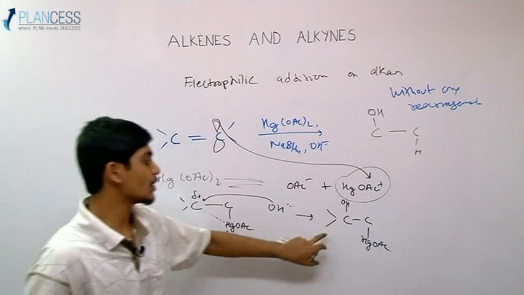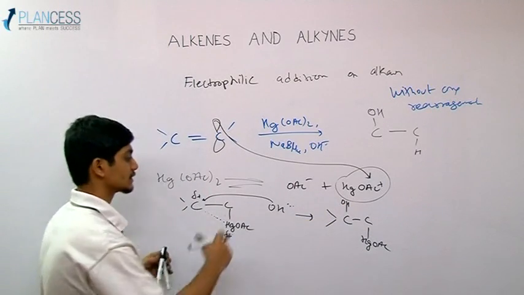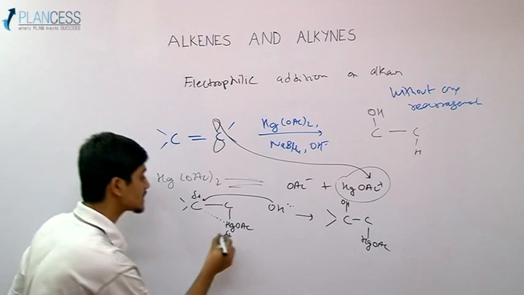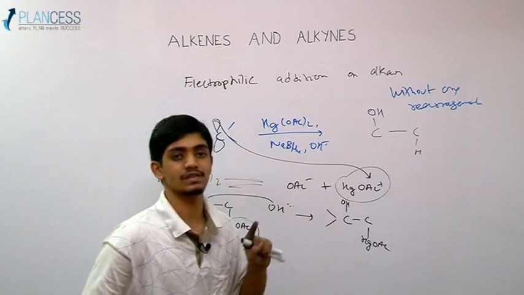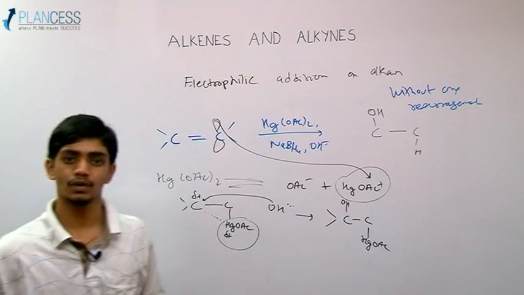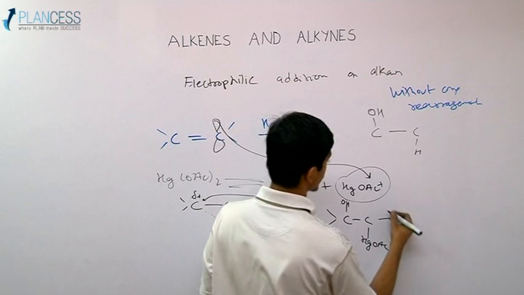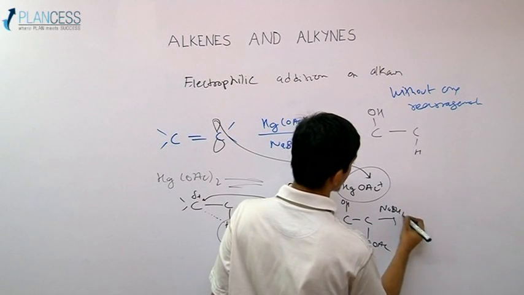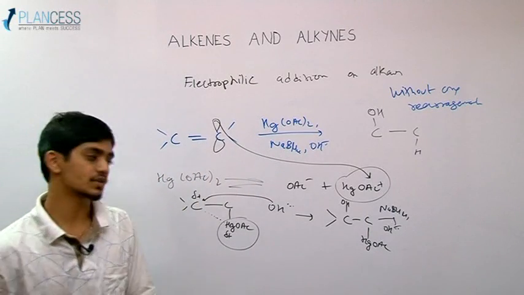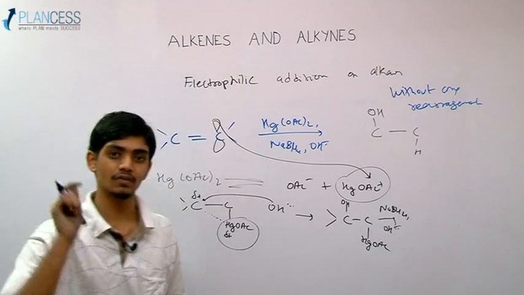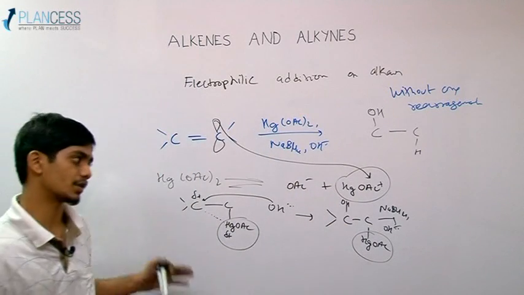That's it. Now you can observe that although there is a specific stereochemistry over here, that is the OH is attacking on the side anti to HgOAc, but the point is, after this oxymercuration step, in the demercuration step, when we react with NaBH4 and OH minus, the whole stereochemistry is scrambled because of the production of radicals, because this does not undergo normal carbocation or carbon intermediates.